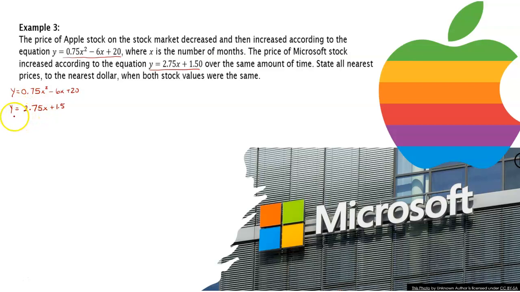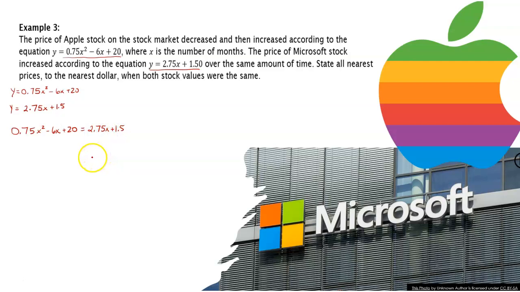So what we are going to do is go ahead and check together. Once both of them already have y's isolated, we'll have 0.75x squared minus 6x plus 20 equals 2.75x plus 1.5.